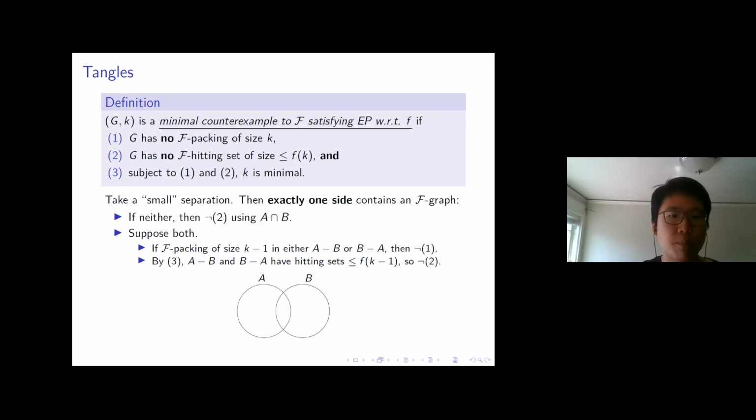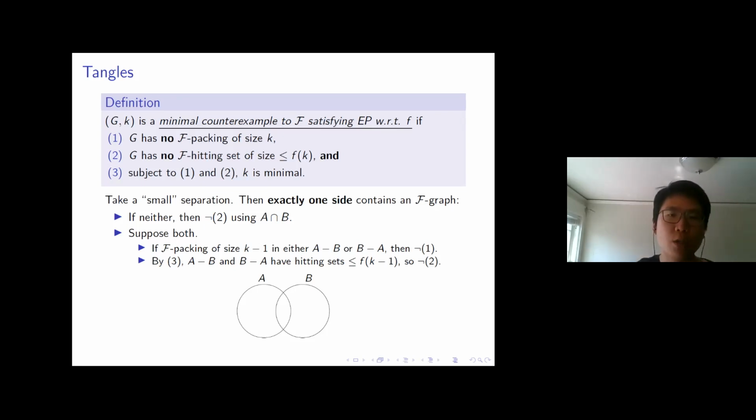Okay, so now suppose that both sides contain a subgraph in F. If A minus B contains a subgraph in F and B minus A contains a subgraph in F, you can just forget one of those sides and focus on the other. If I can find k minus 1 disjoint copies of graphs in F on one side, then I can put it together with the one from the other side to get a packing of size k, which means I don't have a packing of size k minus 1 on either side.